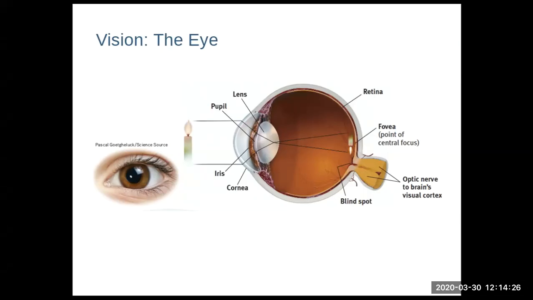And some of you may notice sometimes that people's pupils get bigger or smaller depending on what's going on. In the dark, pupils get bigger because they need more light information to see basically anything.